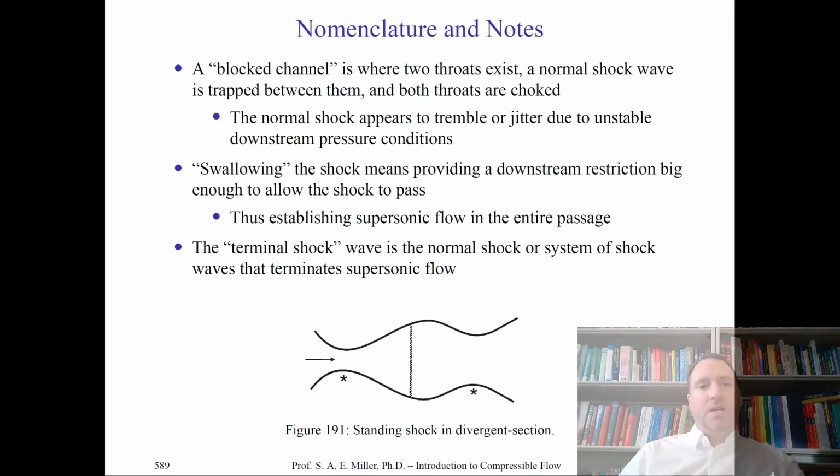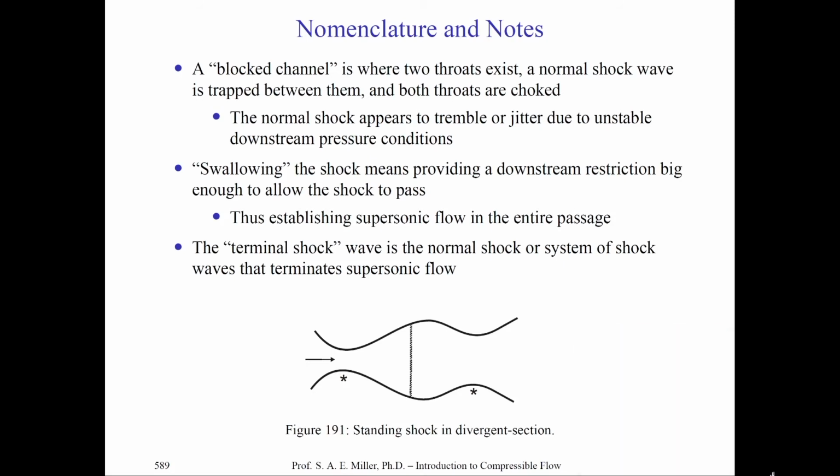Let's return and talk about some particular nomenclature for these different situations, just so you can remember them. The first is a blocked channel, and indeed this is where two throats exist in a stream tube, and the normal shock is trapped between them. This is shown in figure 191. We have two particular areas, A1* and A2*, and a particular shock wave is stuck.